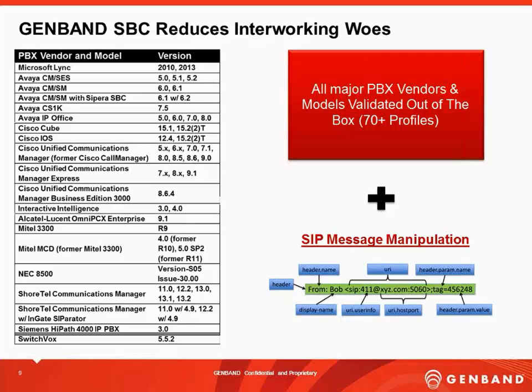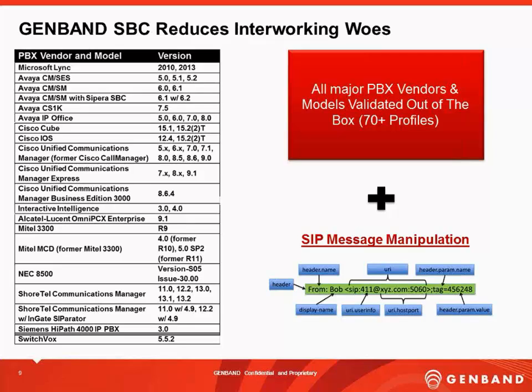And one thing, coming from the SBC space and being deployed in both service providers and enterprises, one problem we saw is that every PBX you connect with has some other nuance.